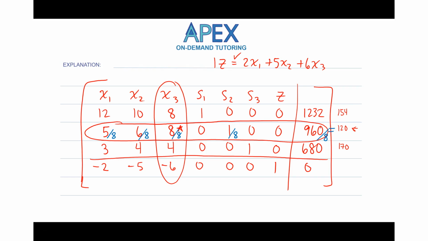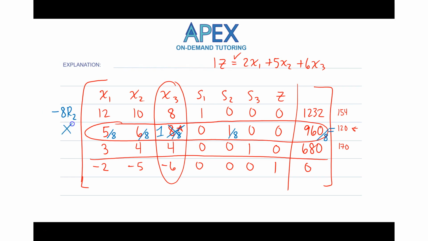Okay. Then we need to figure out how to eliminate all of our entries from the column x3. So this is going to turn into a 1 when we're done here. And that means that we are going to have to subtract 8 times row 2 from row 1.